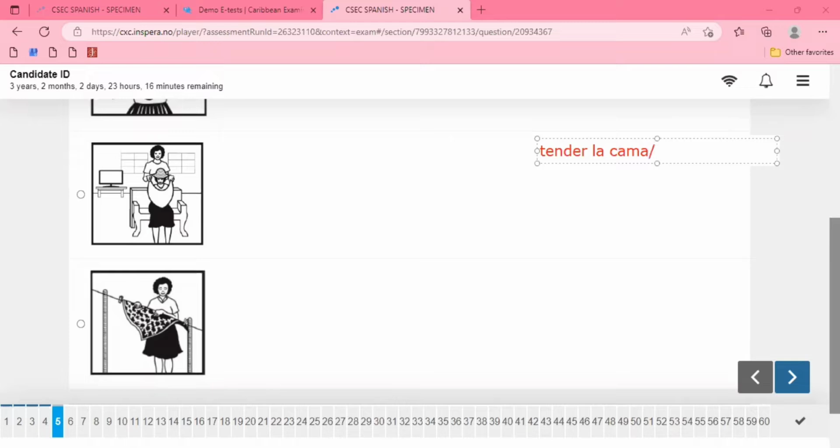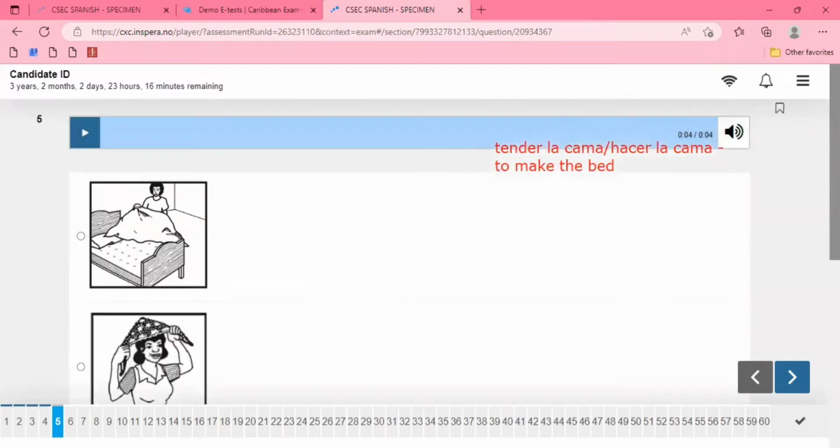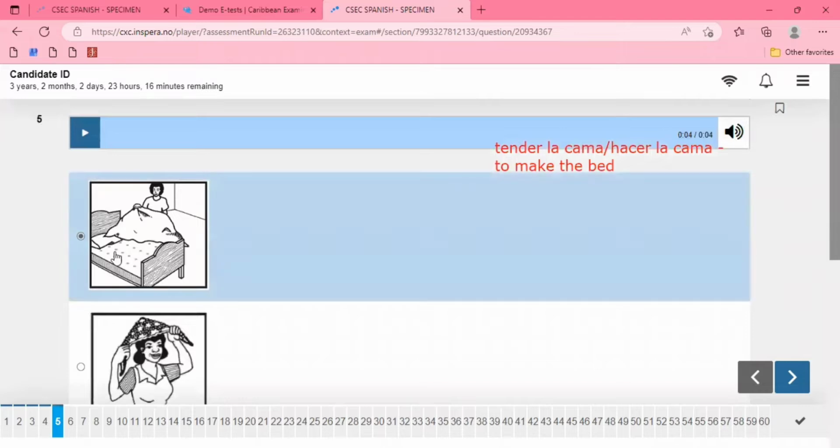So in this case, "tender la cama" would be synonymous to "hacer la cama," which is to make the bed. And so our option for this would be very evident, but I still wanted to type out the vocab. So our answer is A.